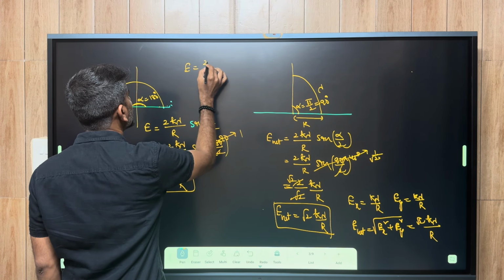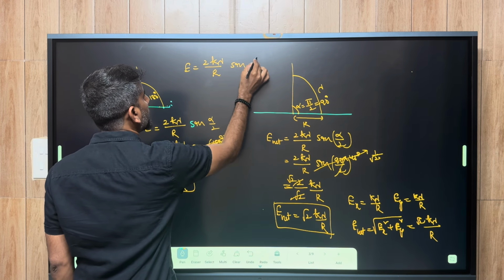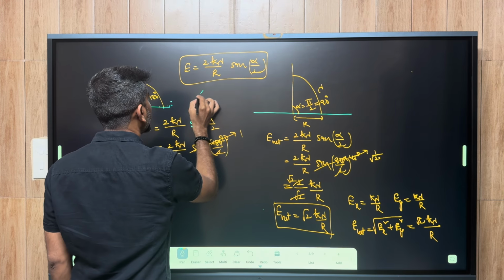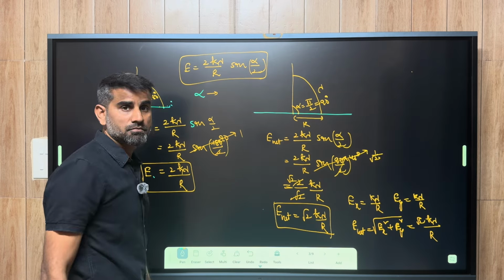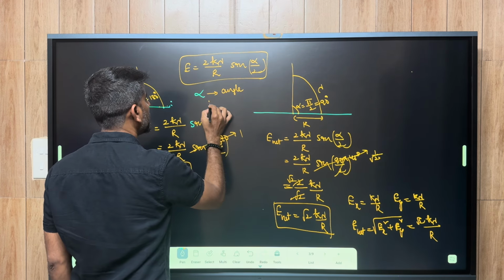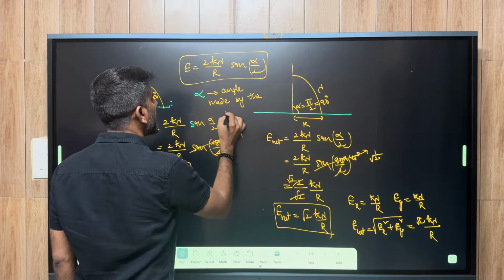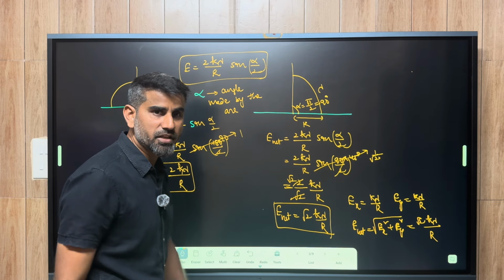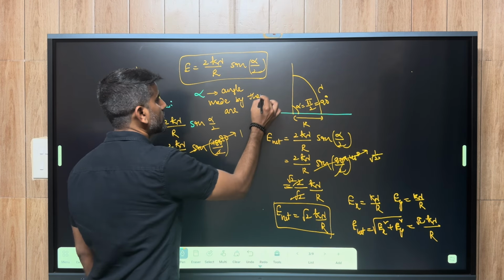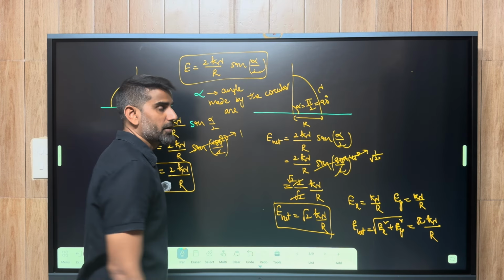Okay, so you can use the generalized formula of electric field due to a circular arc. E is equal to 2 k lambda by r into sine alpha by 2. You need to remember this formula, where alpha is the angle made by the circular arc.